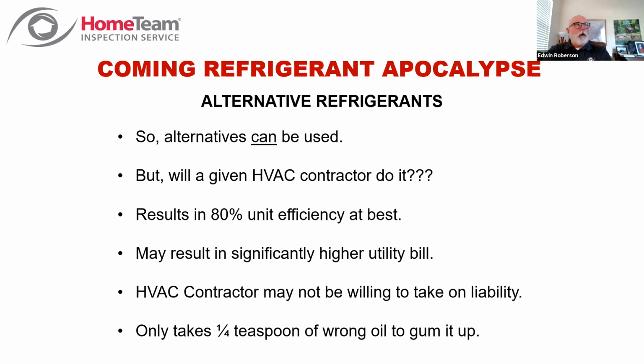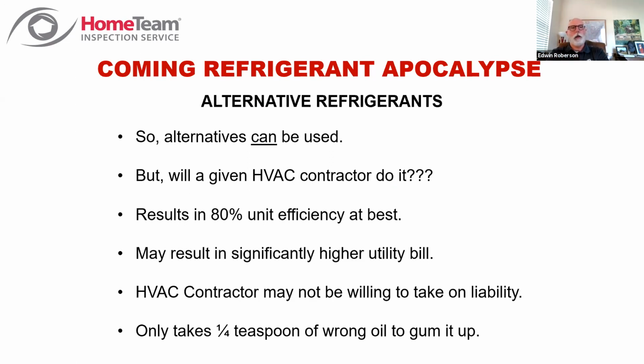I've had conversations with a number of HVAC contractors, and they're pretty much to a man dead set against it. So we're looking at alternatives that can be used, but will a given HVAC contractor do it? If you are looking to have this done, is the HVAC contractor you're working with willing to do it?